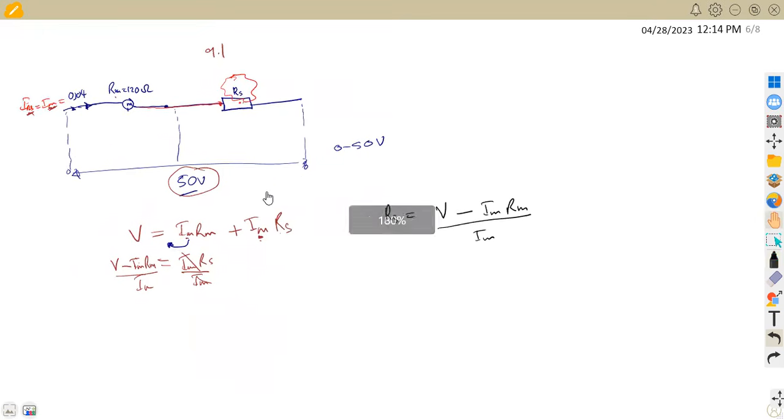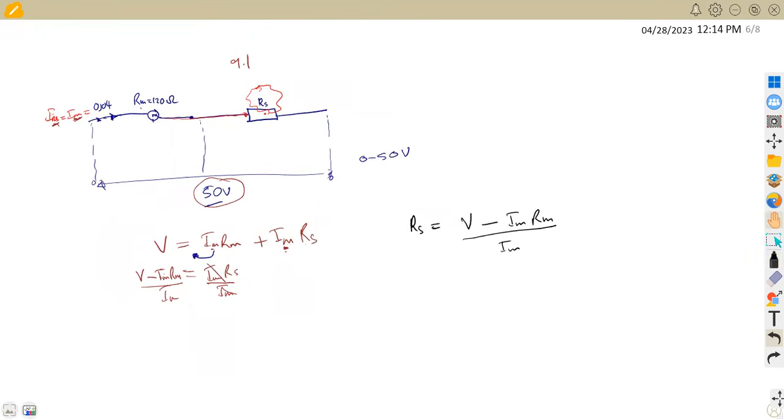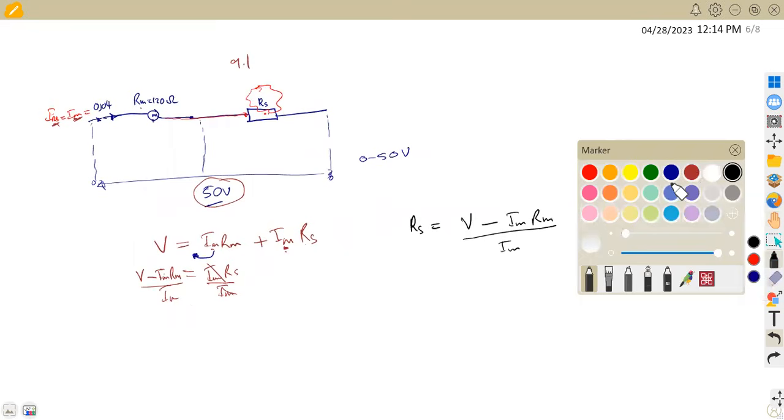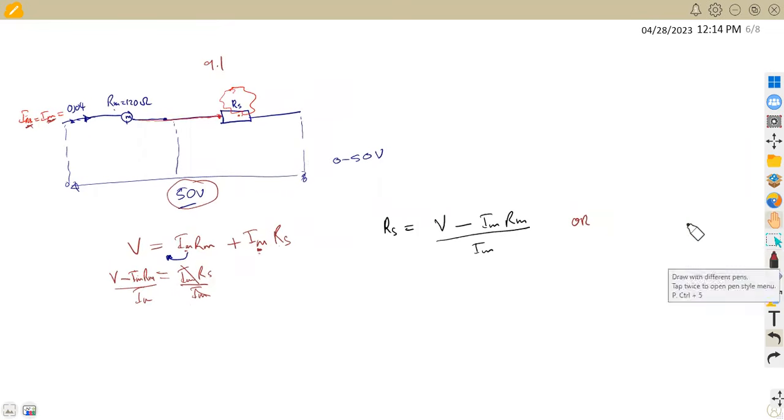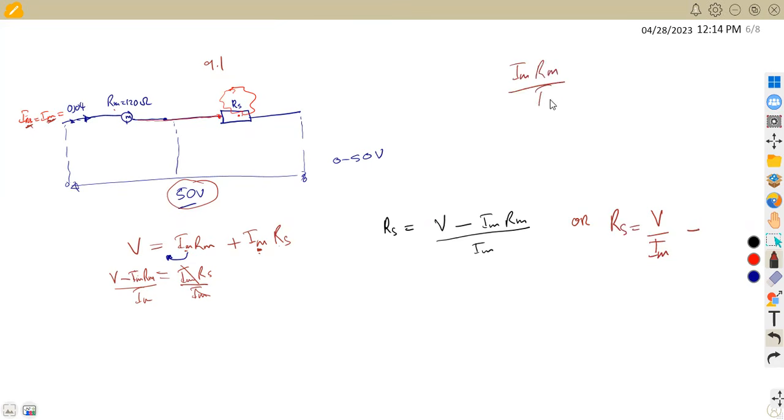Let me just write it. You can write your formula like this, or you can divide as any part is fine. RS, our series resistor, if you divide by IM, is V over IM minus IM RM divided by IM. So this will cancel, and you remain with RM.